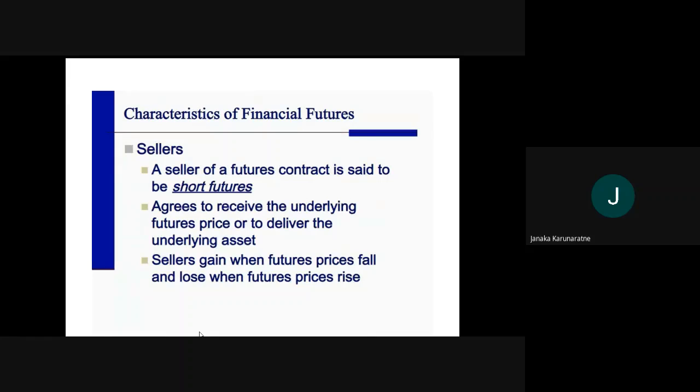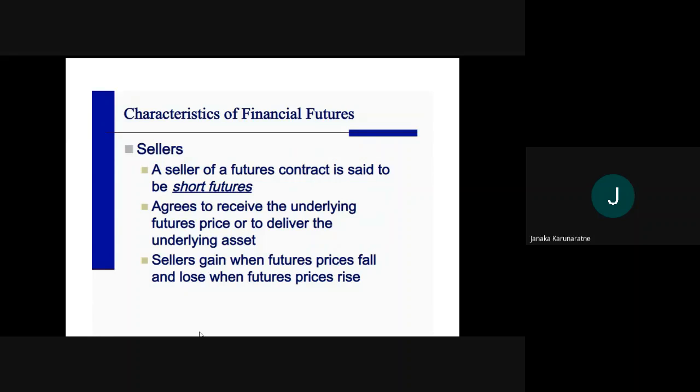Now, the seller of a futures contract is said to be short. When we talk about the derivative market, whether it's futures or some other instrument, we always talk about long and short. This is typical terminology. When NDB Bank is long in futures, it means NDB is a buyer.